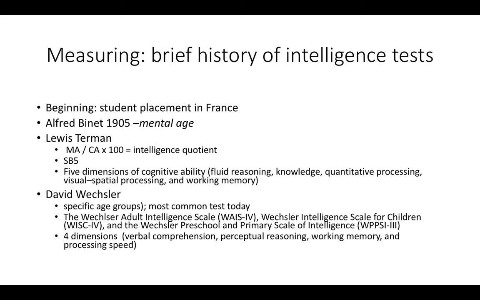And the Wechsler tests are the most common tests today, and you've probably at some point in your life taken one, or some variation of it. There's the Wechsler Adult Intelligence Scale, the Wechsler Intelligence Scale for Children. We're on the 4th version of that, so it's the WISC-4, and then one for preschool kids. And it tests 4 dimensions: verbal, perceptual, working memory, and processing speed.